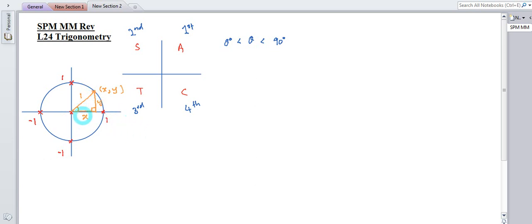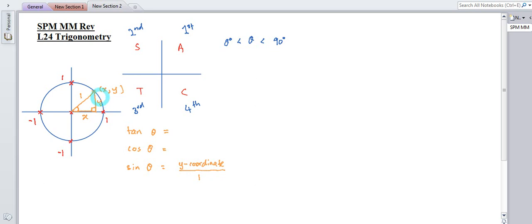So tangent theta, cosine theta, sine theta. Let me go to sine theta first. Sine theta is SOH, right? Y over 1. So this is the y coordinate over 1. 1 you don't have to write.